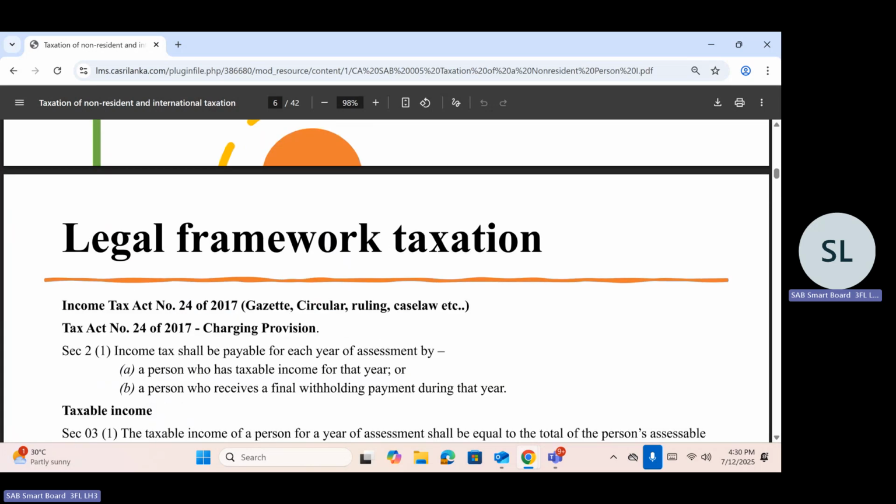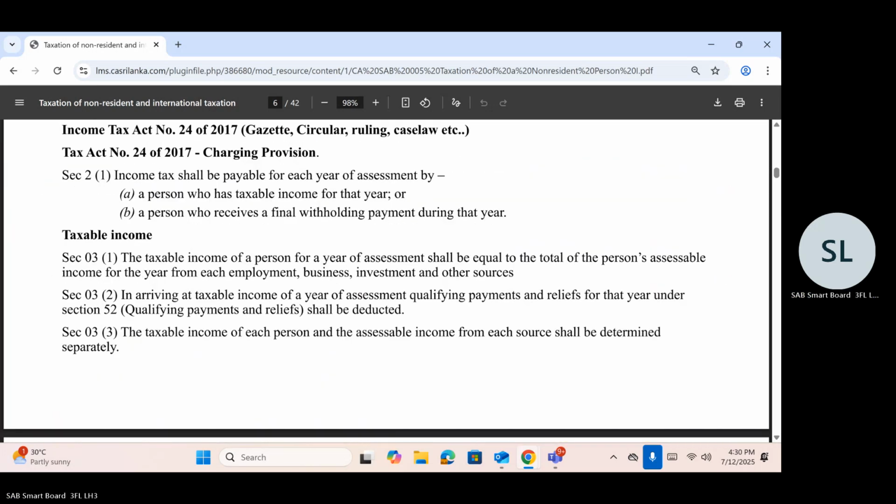As per the charging section, we learned that any person who has taxable income or who receives final withholding payments is liable for Sri Lanka tax. There we didn't discuss what the person is. We just understood the definition of person, but it doesn't say whether it is resident or non-resident, whoever the person is.